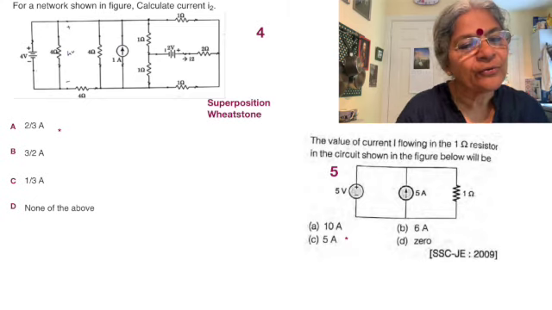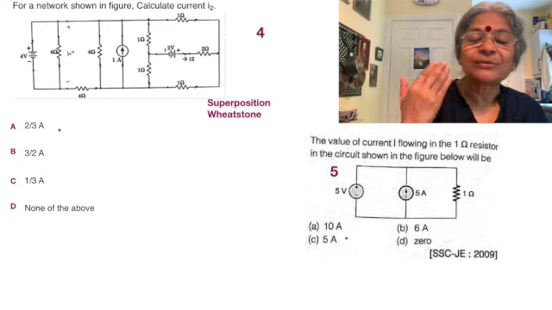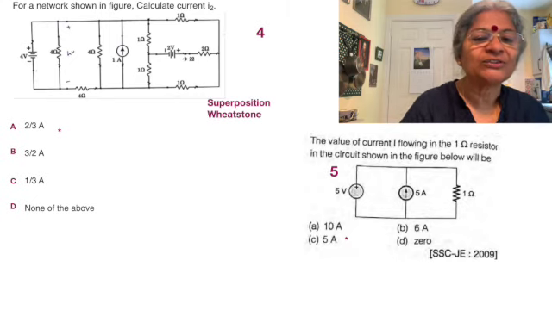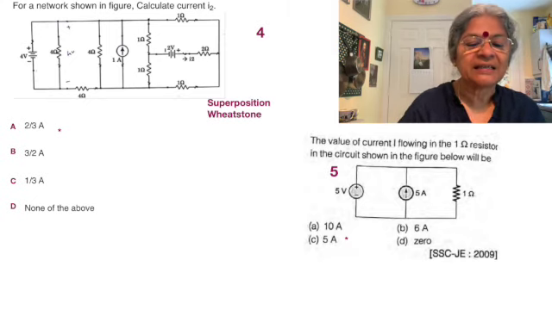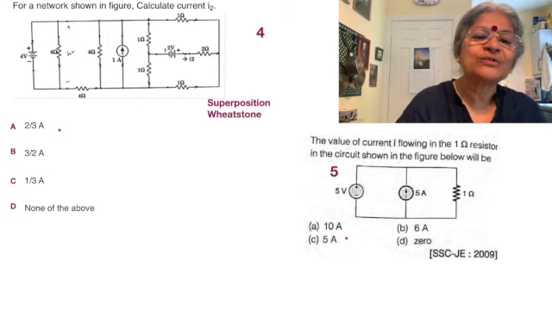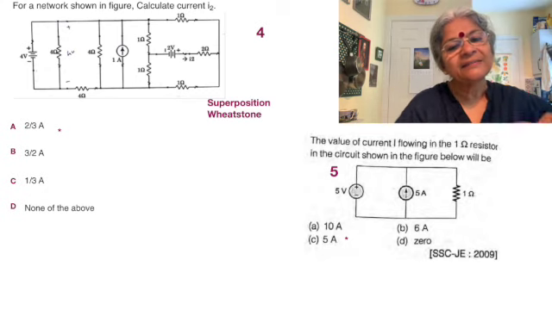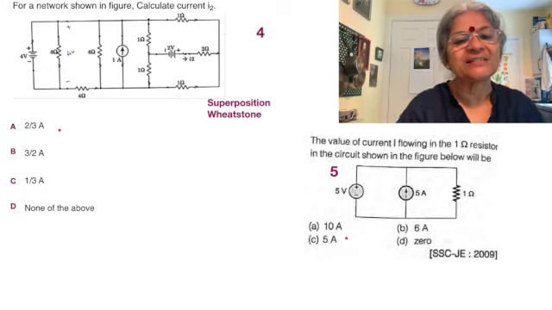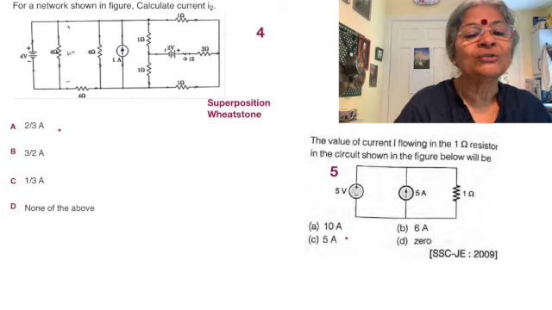So the 1 ampere source is opened, and the 4 volt source is shorted. So what do we have? We now have a very interesting situation where the current emerging from 2 volt flows through 2 ohms, and then it flows through 2 parallel 1 ohm resistors, and then there is another parallel pair of 1 ohm resistors, that is the paralleling is through the 4 volt source.